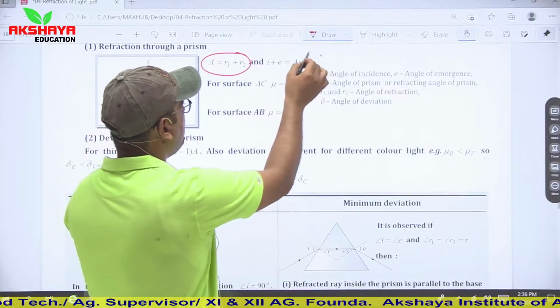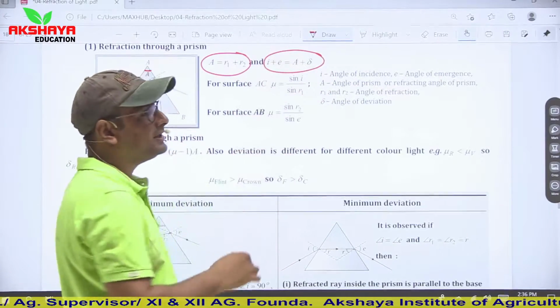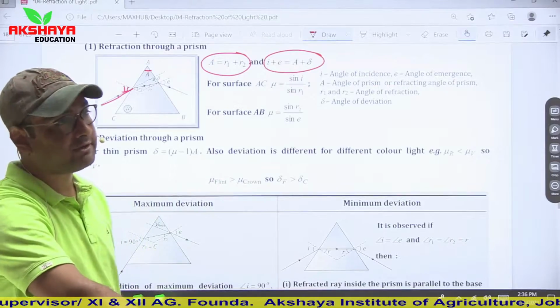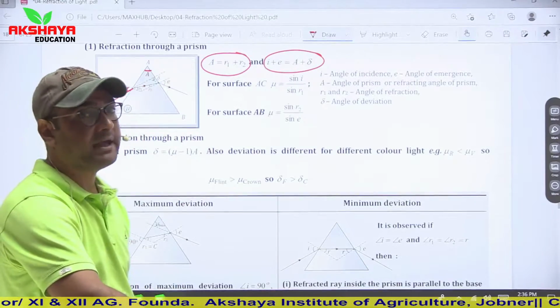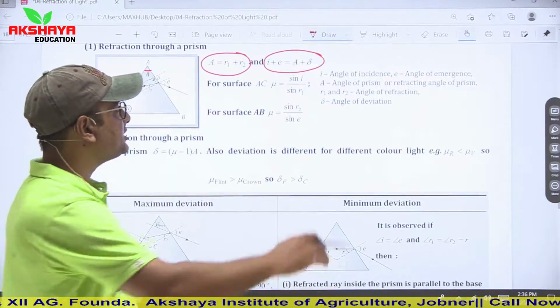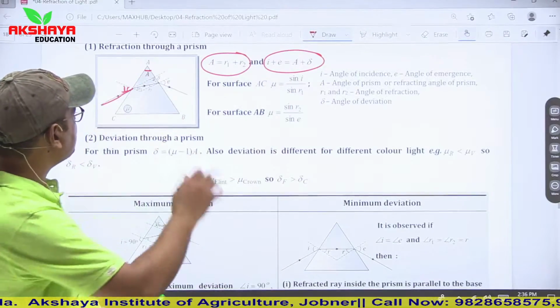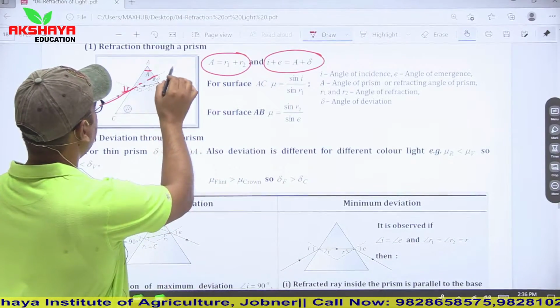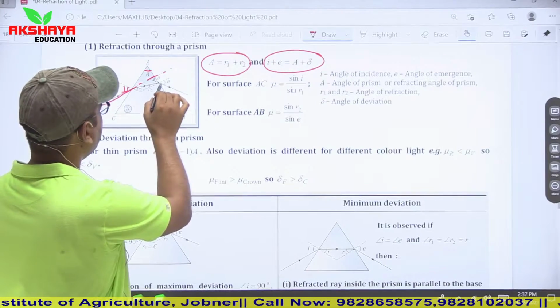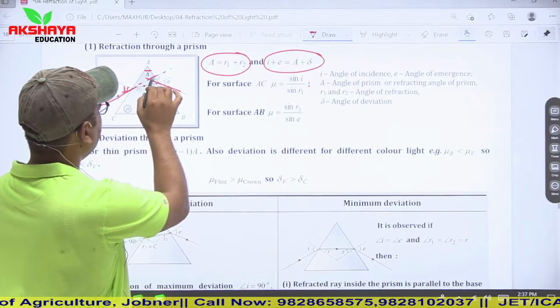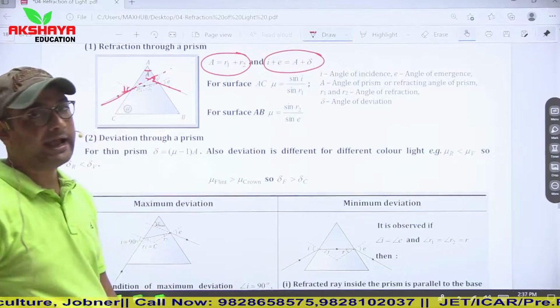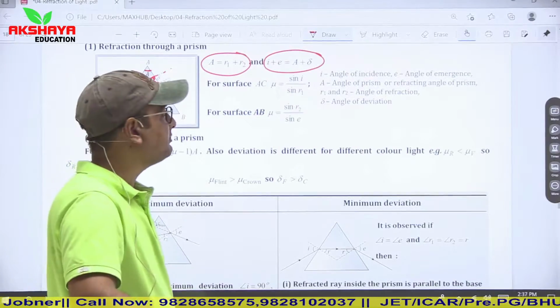Similarly, the sum of I plus E, where I is the angle of incidence on the first surface and E is the angle of emergence on the second surface, is equal to A plus del. So this del is defined as deviation. This is the emergent ray and this is the refracted ray. So the angle between these rays is known as the angle of deviation, or directly we can say deviation.